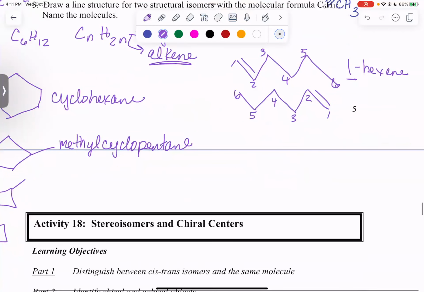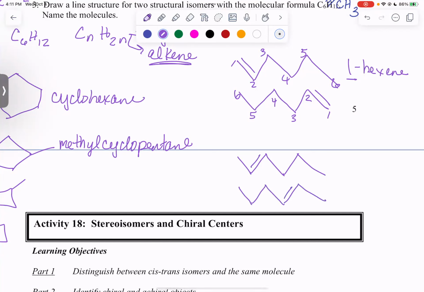Same thing if I do this. If I do 1, 2, 3. There we go. 1, 2, 3, 4, 5, 6. Okay. If I do a double bond here, that's exactly the same thing as doing a double bond here. This would be 2 hexene, because I'd have to start 1, 2, and I'd have to start 1, 2.